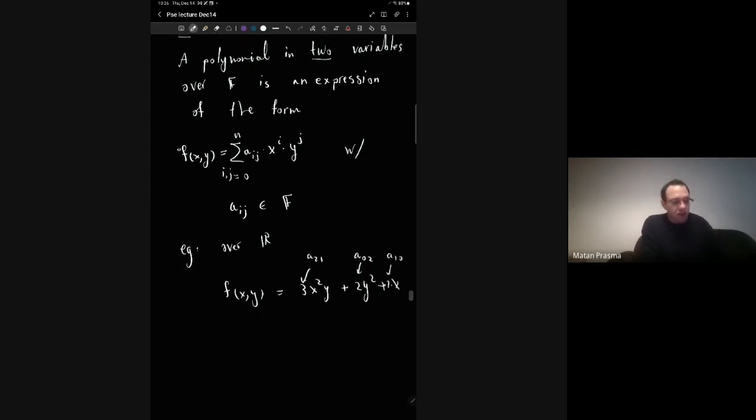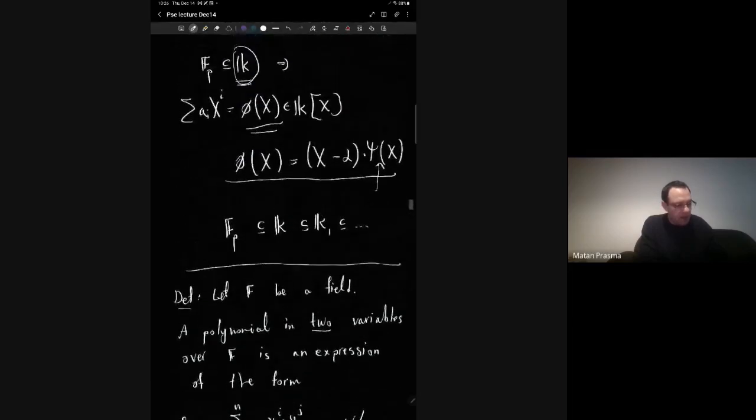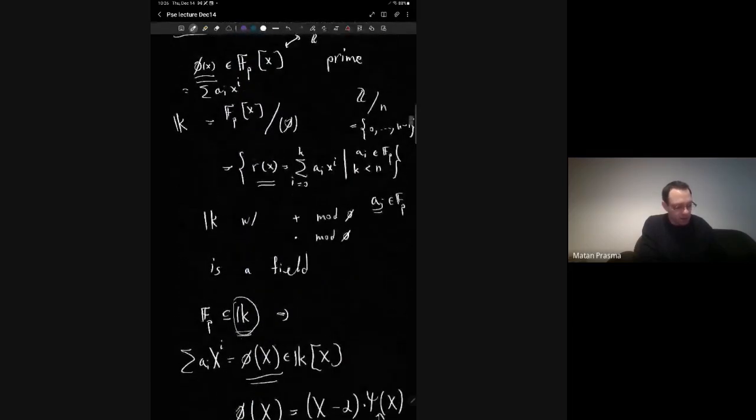And if you think of it, when we talked about this K, K itself as a set is a set of polynomials.